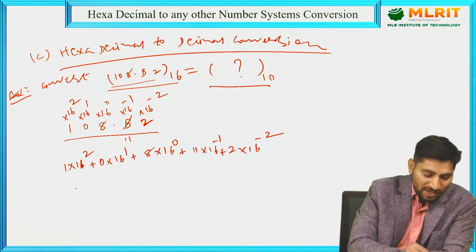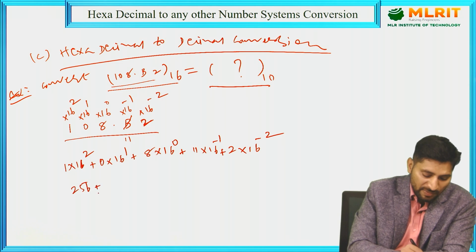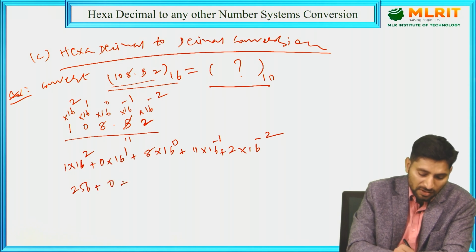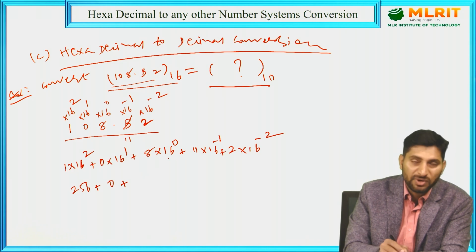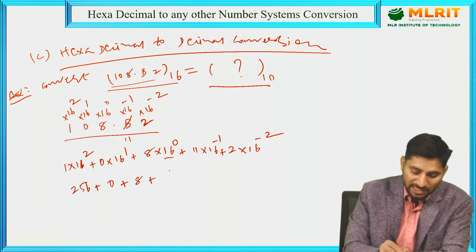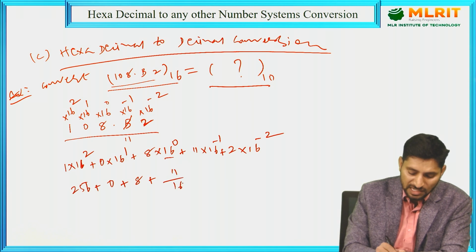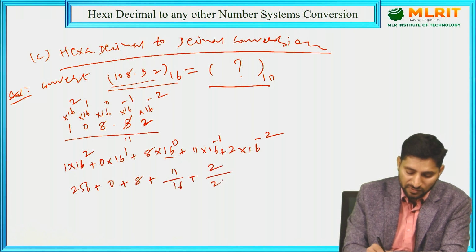So what is the equivalent here? 1 into 16 square is 256, plus 0 into something is 0, plus 8 into 16 power 0. Anything power 0 is 1, so 16 power 0 is 1. So 8 into 1 is 8, plus 11 by 16, plus 2 by 256.